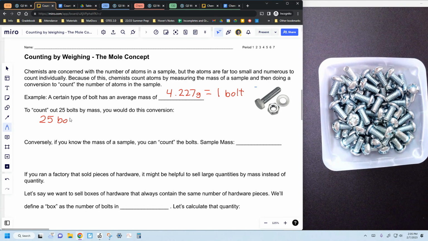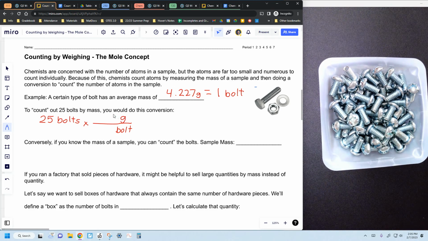I want to use my equivalent statement as the conversion factor. So I want to cancel bolts. And what I really want to figure out is, if I want to count out 25 bolts, how many grams would I need to put on an electronic balance?